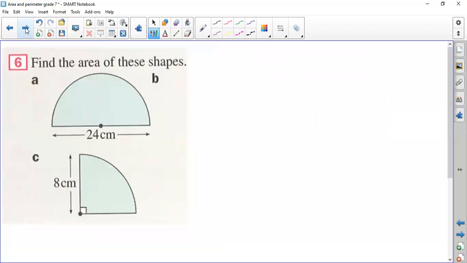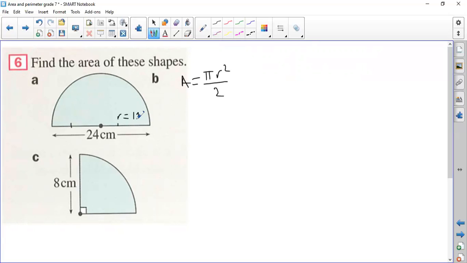We have to find the area of these shapes. The first shape is a semicircle, which has the diameter 24 centimeter. Okay, we know that the area of a semicircle will be the area of the circle divided by 2. So it will be pi r squared divided by 2. Now, what is the radius? If diameter is 24, the radius will be half of diameter, will be 12.